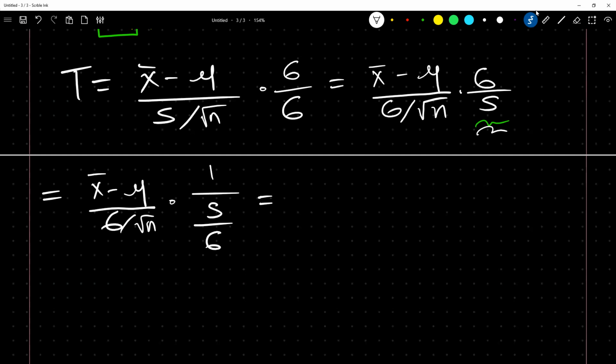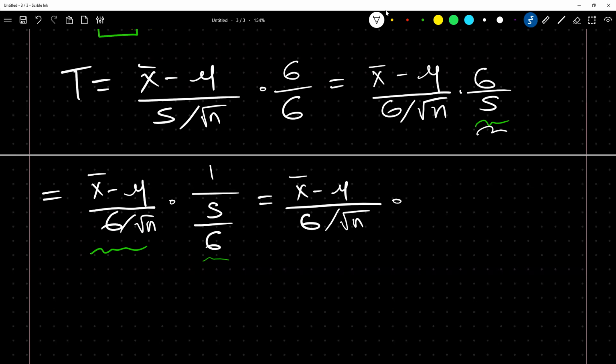Okay, now the next thing I want to do is create that random variable that we saw in properties of samples drawn from normal populations. So here I've already got one expression that has a distribution that I know. And now I want to turn this also into an expression that has a distribution that I know. So I've got x bar minus mu divided by the quotient of population standard deviation and square root of n. And then I'm going to do three things here.